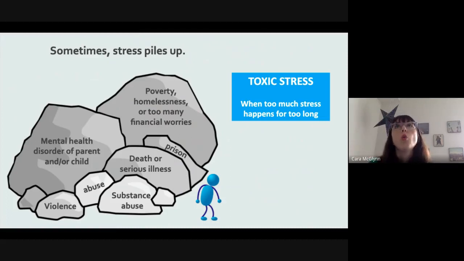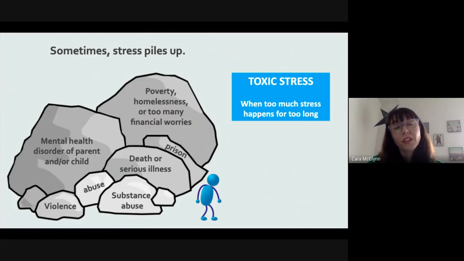However, when a person has experienced really big, scary stress, if you look at the labels on these rocks, these are stressors that are adverse experiences. And depending upon what sort of caregiver was available to support this child, those stressors may or may not, from the event and the experience of not being supported, turn into the effect of trauma.